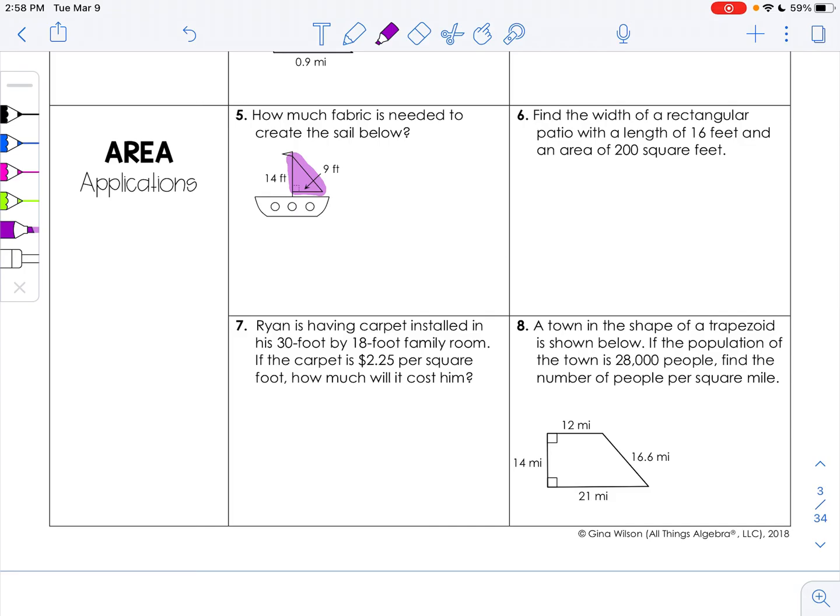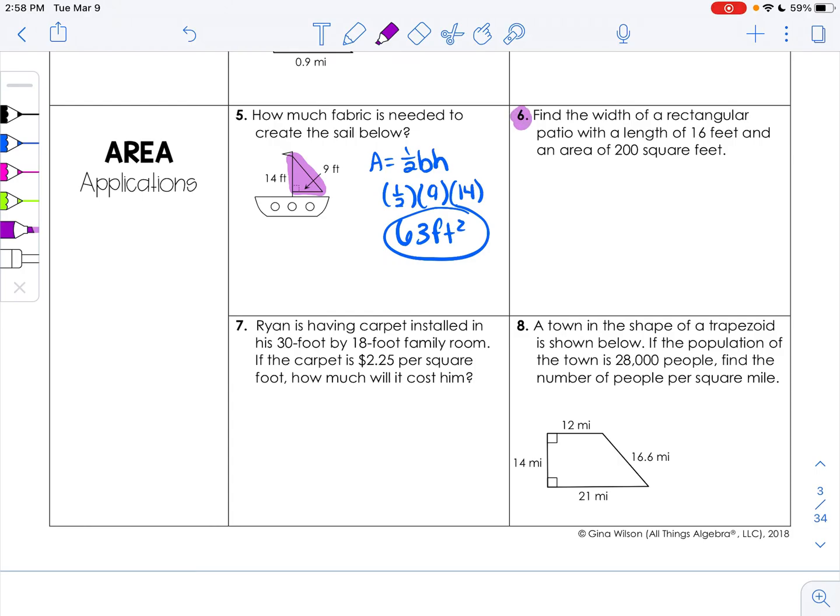And the sail is the shape of a triangle, so we need the area of a triangle formula. 1/2 base times height. So that'd be 1/2 times my base of 9 times my height of 14. And then putting into my calculator, 1/2 times 9 times 14, I get 63 feet squared. Because again, we're doing area, so it should be our unit squared.